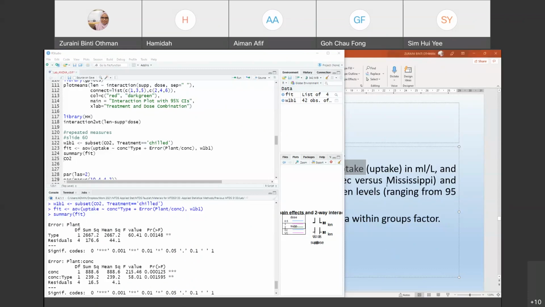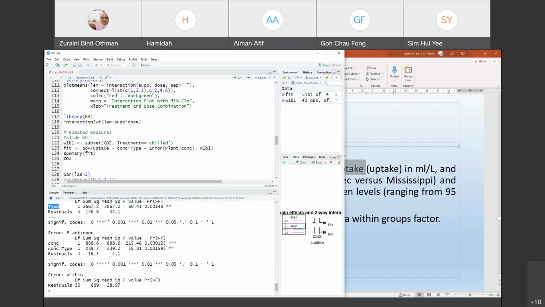For the type, there is a significant result, which means different types give different carbon dioxide uptake. Concentration and the relation between concentration and type also give significant results.